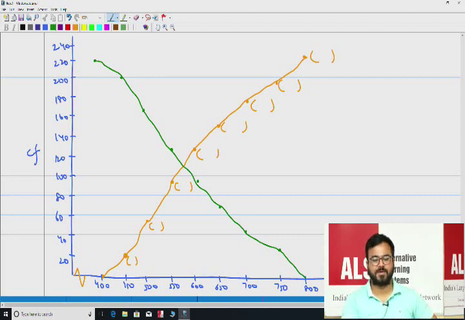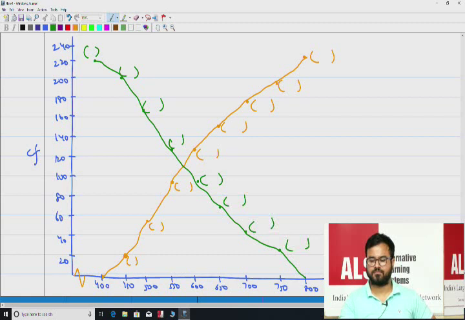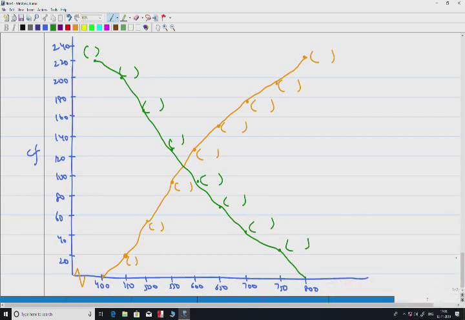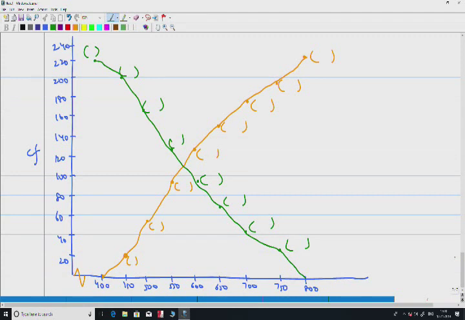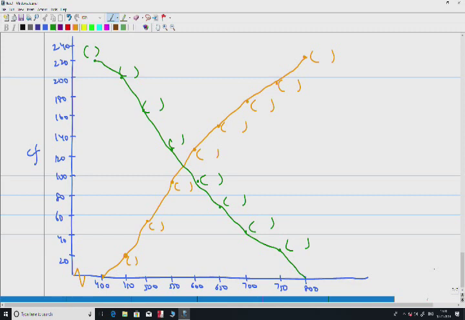So this is the less than type and the more than type. All of you are getting it?